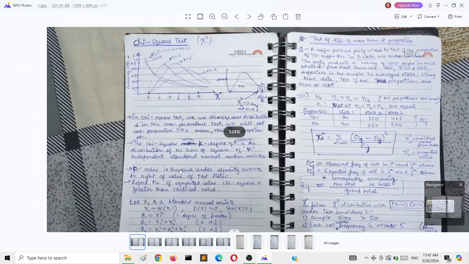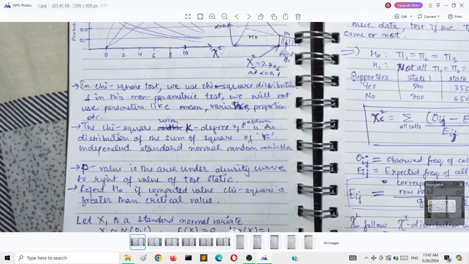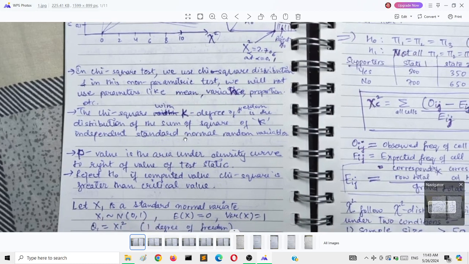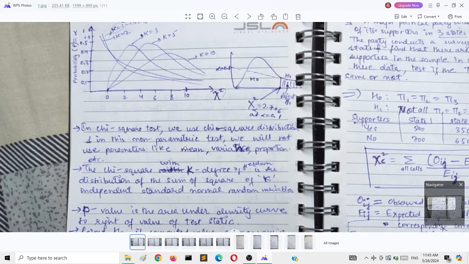So in the chi-square test we use the chi-square distribution, and in a non-parametric test we will not use parameters like mean, variance, proportion, etc. The earlier tests were parametric tests. Parametric means that you consider some parameters.